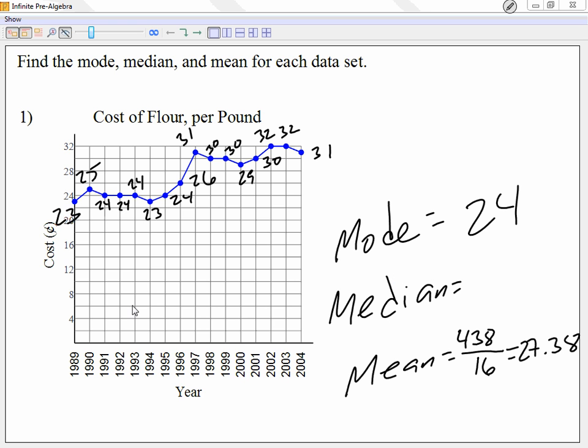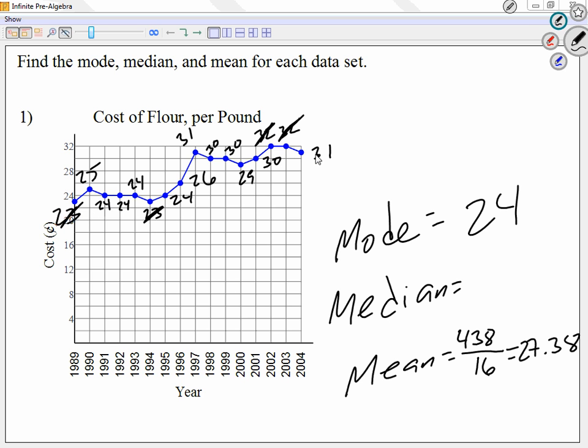The median, we know the median is the one in the middle. If they were in order, I would just cancel some from the left, some from the right to get to the middle. But since they're not, I'm just going to come over and cancel the biggest number and the smallest number that I see. Then I'm going to do it again. Cancel the biggest and the smallest.